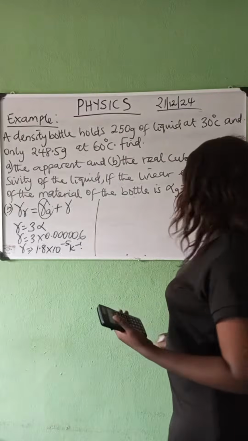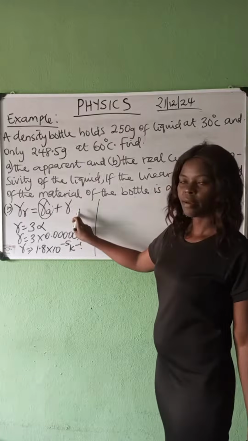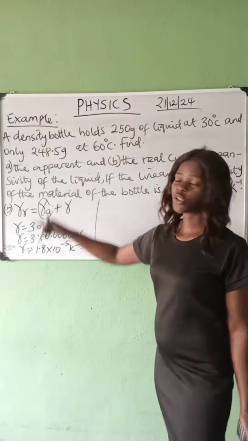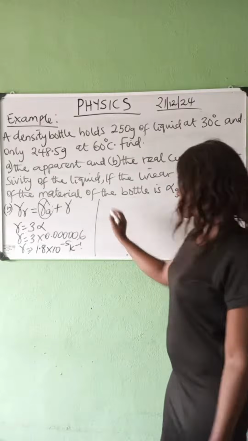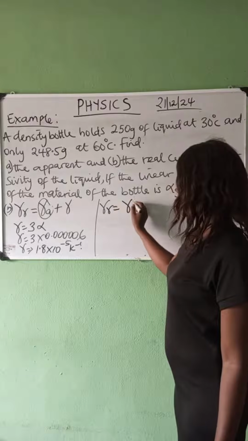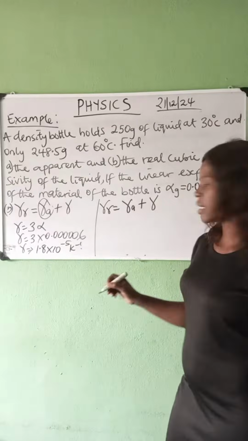Now, since we have gotten that, we are going to substitute it here, plus the apparent, which we have gotten earlier. When we add them together, it's going to give us the real cubic expansivity. So my real cubic expansivity is equal to apparent cubic expansivity plus expansivity of the container.